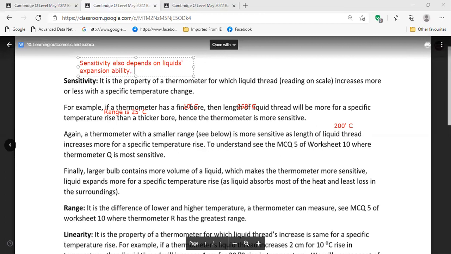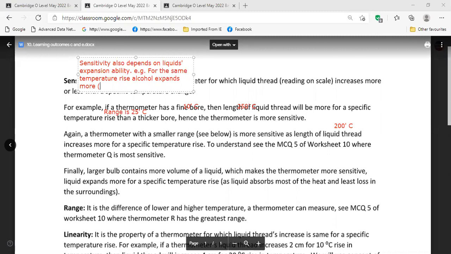For example, for the same temperature rise, alcohol expands more.